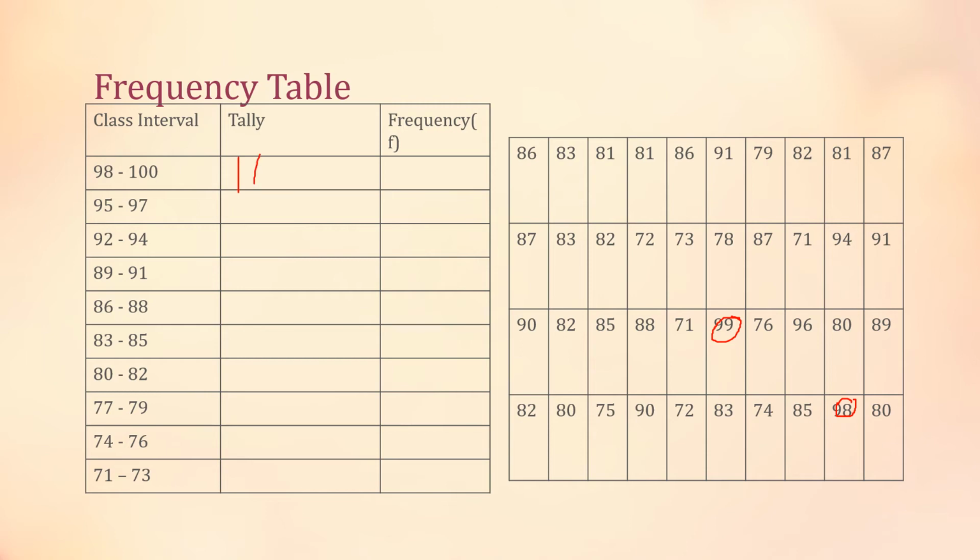Next, 95 to 97: just one. 92 to 94: also just one. 89 to 91: 1, 2, 3, 4, 5.